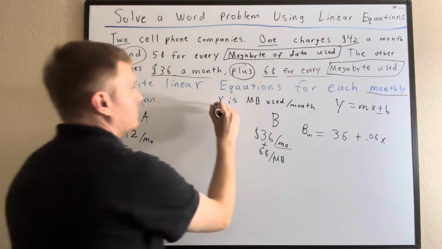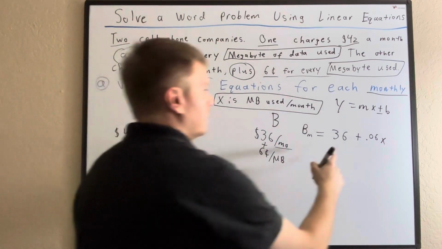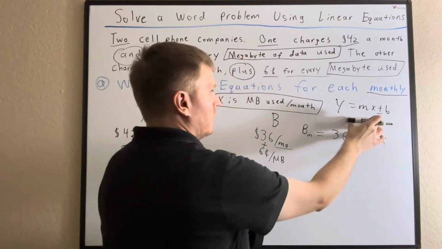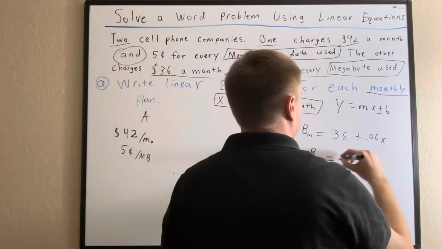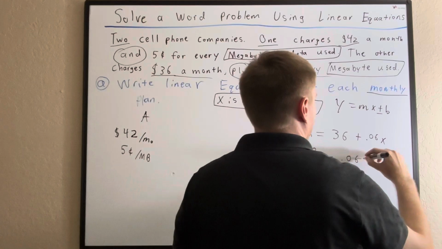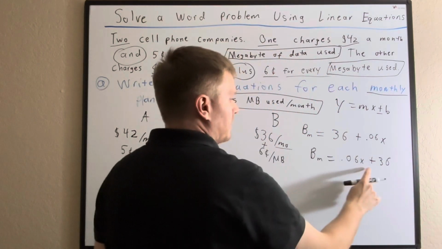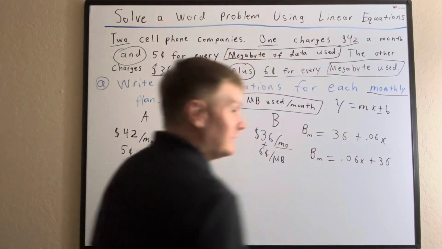Once you've established that, this becomes a lot easier. This is basically just like our slope-intercept form, only you just got to reorder it a little bit. Got our intercept right there and our slope, 0.06. Wow. That wasn't so bad.